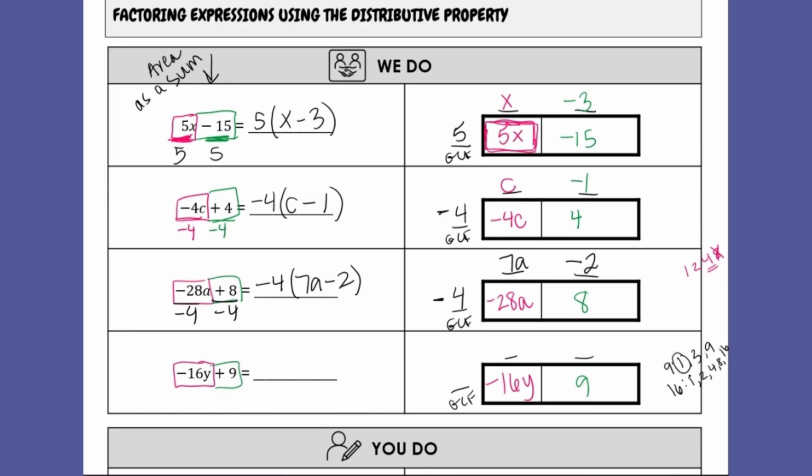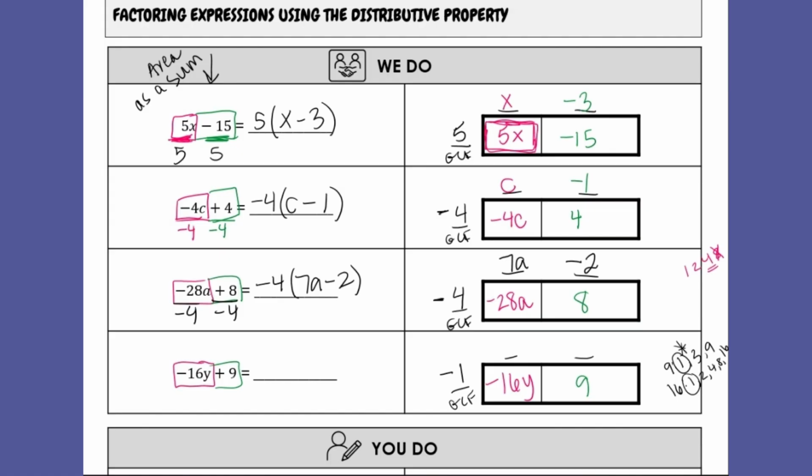Now, careful. Factoring a 1 doesn't change a problem. Factoring a positive 1, I should say, doesn't change the problem. Factoring a negative 1 definitely would change the problem. So in this problem, negative 1 is still a factor because it still changes what the other factor would be.